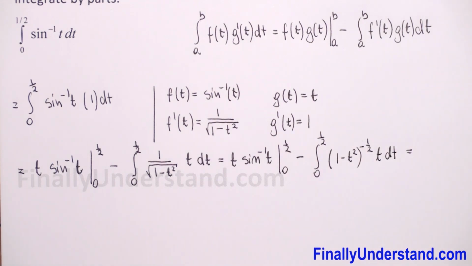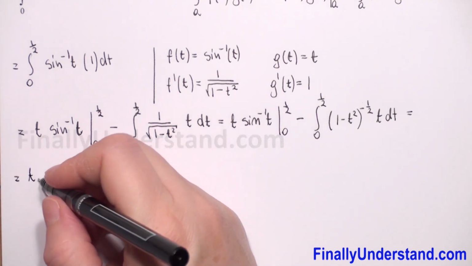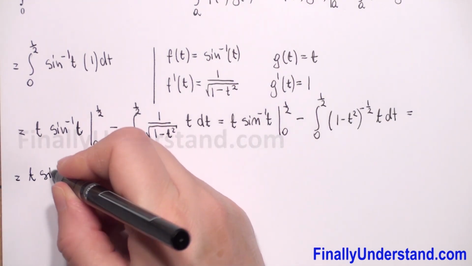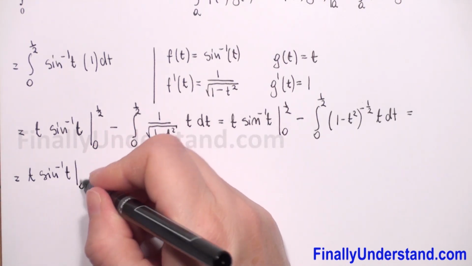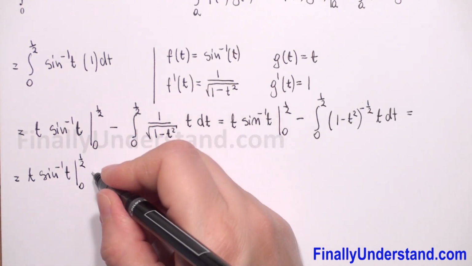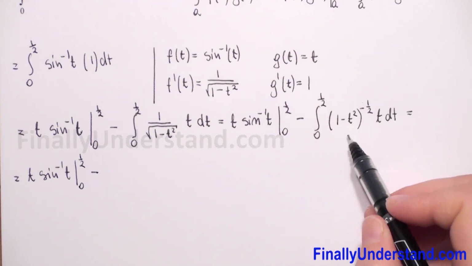So this is equal to t times inverse sine of t, limits from 0 to 1/2, minus, and now we will use the substitution method.